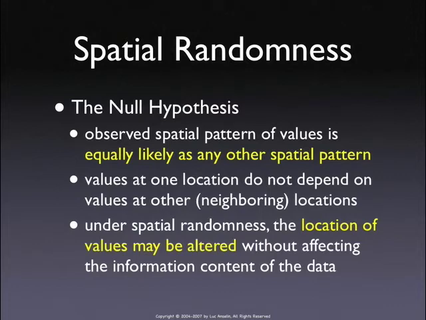But if it turns out that high unemployment counties tend to be surrounded by other counties with high unemployment, and low unemployment counties tend to be surrounded by other counties with low unemployment, that's not random anymore. There's some structure there. And as before, what we'll try to do, it's always the same thing, we reject the randomness to move towards the structure.